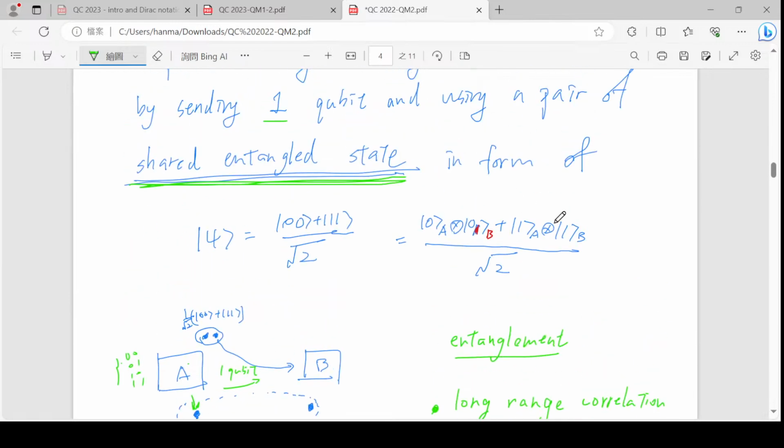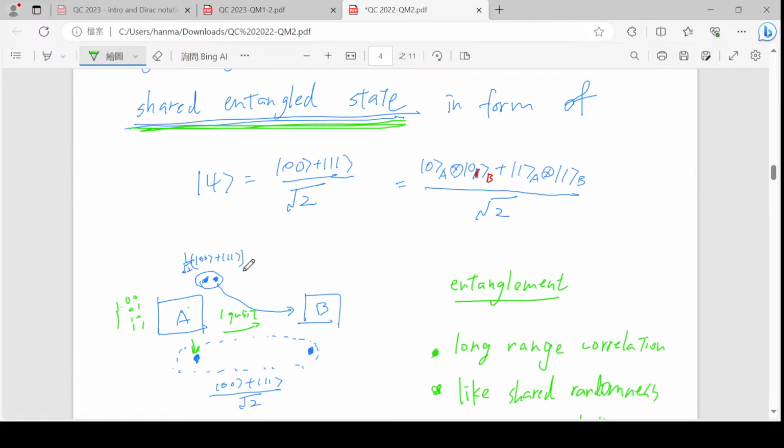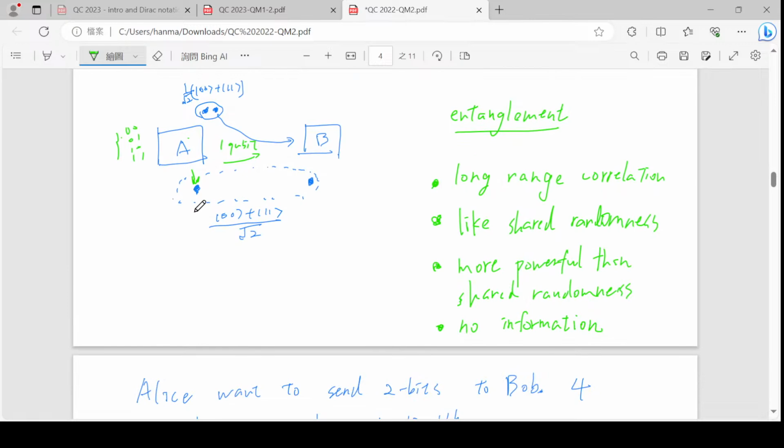As we said at the beginning, they need to share the entangled state. This is something they do beforehand. So let's start with the shared entangled state, and then send another qubit to convey the 2 classical bits.